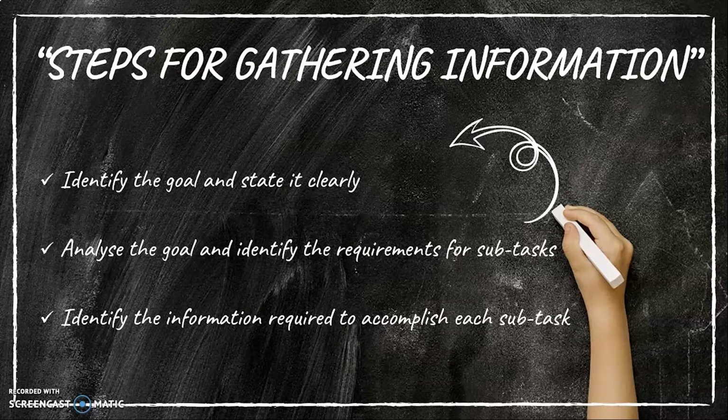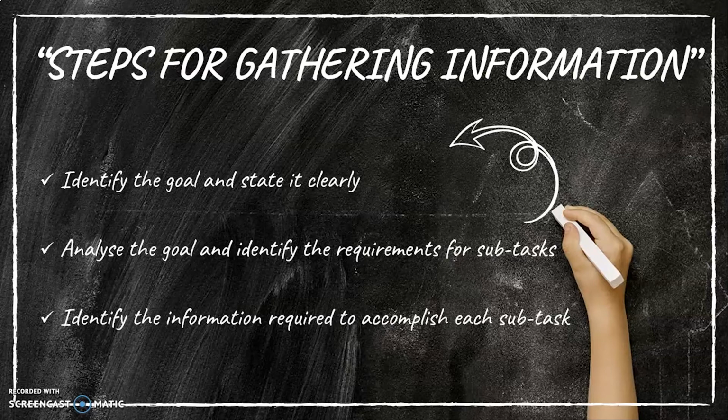Then you have to identify from where you can get the information for the subtask. For the design of the fan, you have to search where to find the information you need. So first we have to identify the goal, and then we have to decide the subtasks.